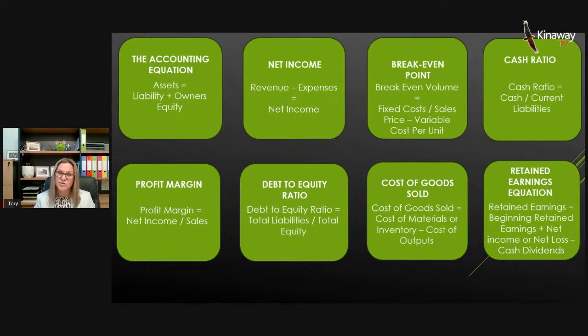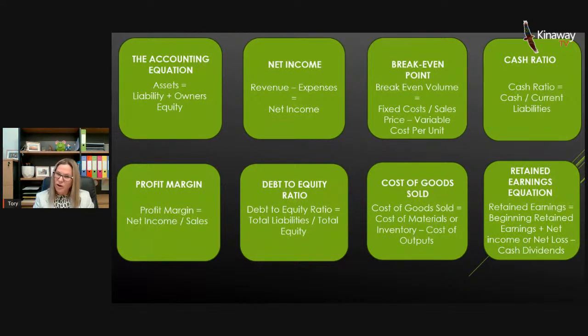So looking at the cost of goods sold, what does it mean? Well, the cost of the materials or your stock is the amount of money that your business has to spend to actually secure the products or the materials in order for you to make a sale or manufacture your product. And the cost of the outputs is the cost of making and manufacturing.